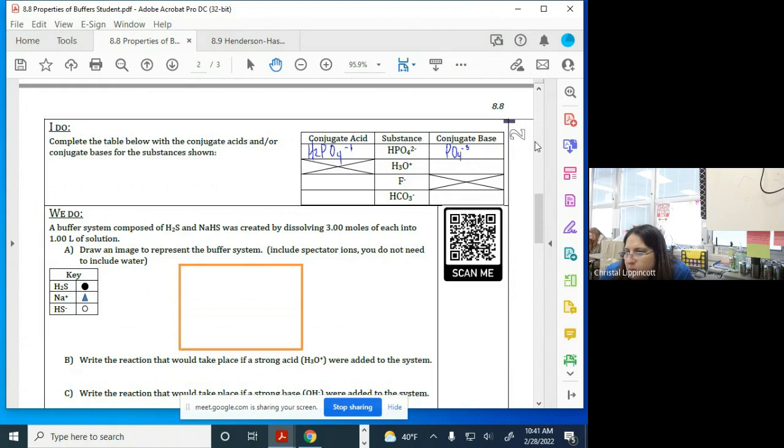For our water, we can't have an acid form there, but we can have a conjugate base here, and that would just be H2O. Here for HF, we can't have a conjugate base. We can't get rid of more hydrogen, but we can have a conjugate acid. And here for this one, we're going to add a hydrogen in for the acidic form, and we take one away for the basic form.